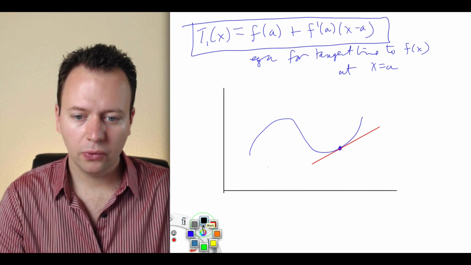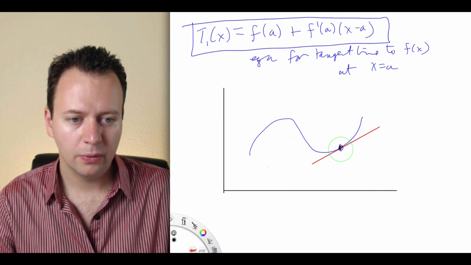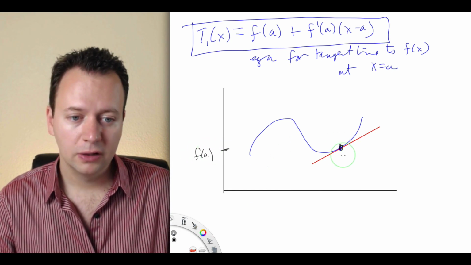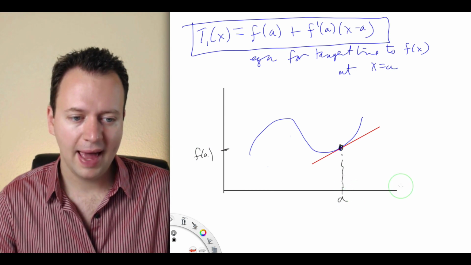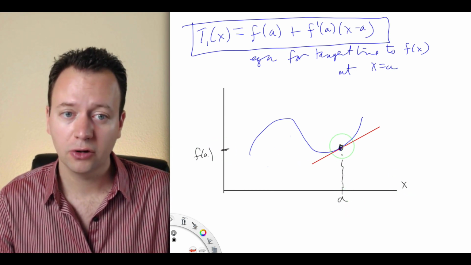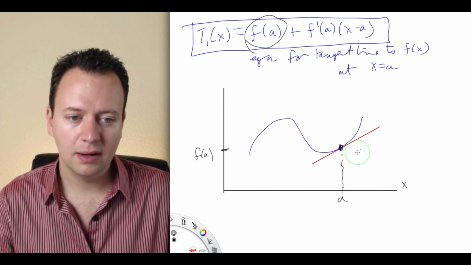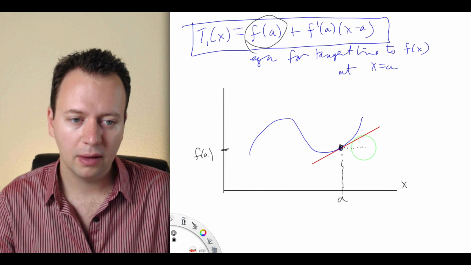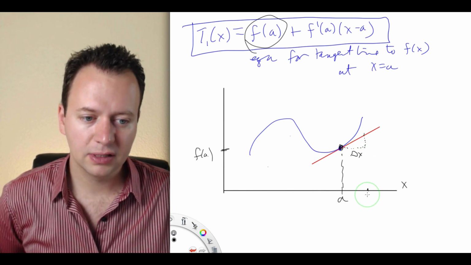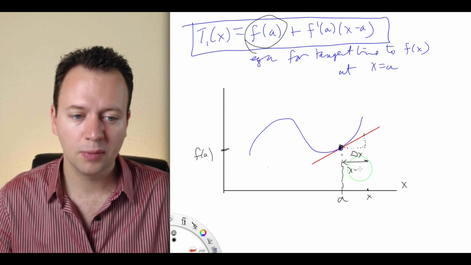Okay, so when we have a line, we start off with an initial y value, which is just equal to f of a. So at the point x is equal to a, the output should be f of a, the same as it is for the function. So we're going to start off with f of a, and then as we move forward along, and if we follow the tangent line, we're going to have a delta x. So if this is the value of x, delta x is just going to be x minus a.